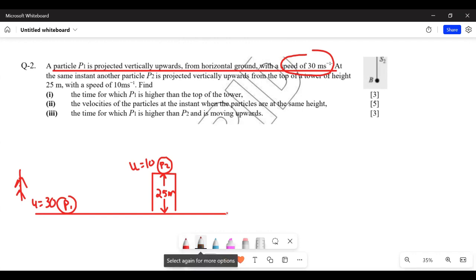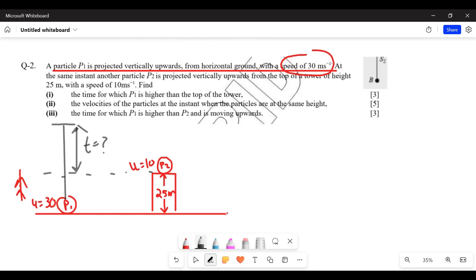Okay, so this particle goes up. You have to find the time for which it is higher than the tower. So that means the time from here to here. You have to find the time when it is higher than the tower.